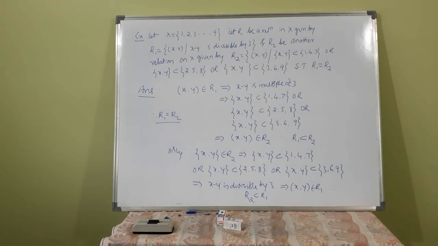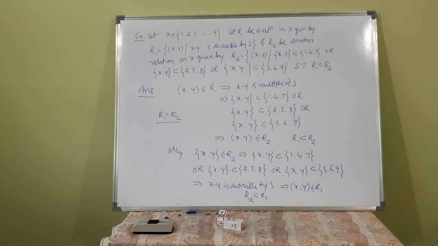And let R2 be another relation on X given by R2 is the set of all (x, y) such that {x, y} is a subset of {1, 4, 7}, or {x, y} is a subset of {2, 5, 8}, or {x, y} is a subset of {3, 6, 9}. Show that R1 and R2 are the same.